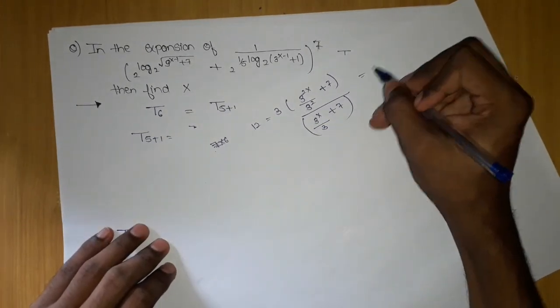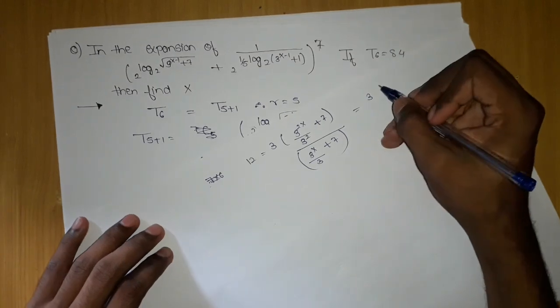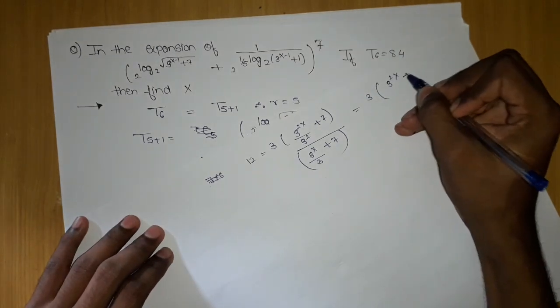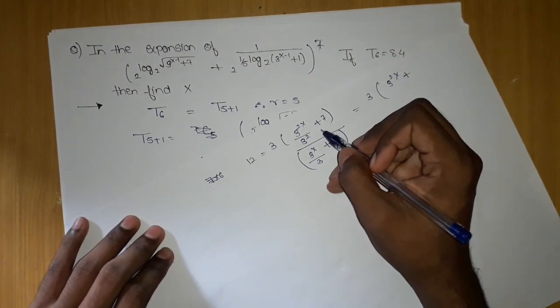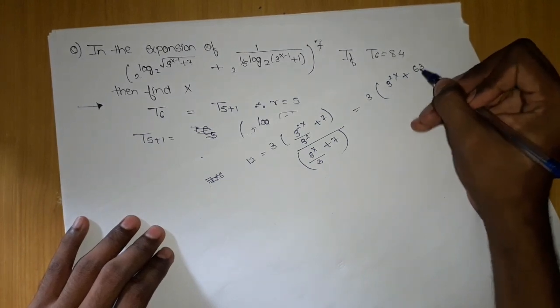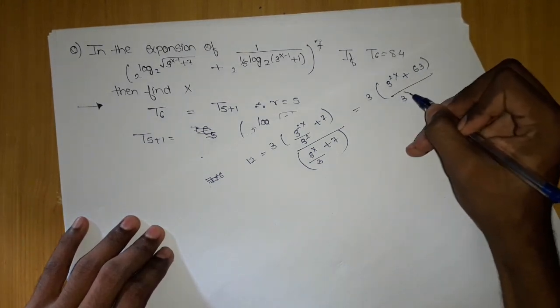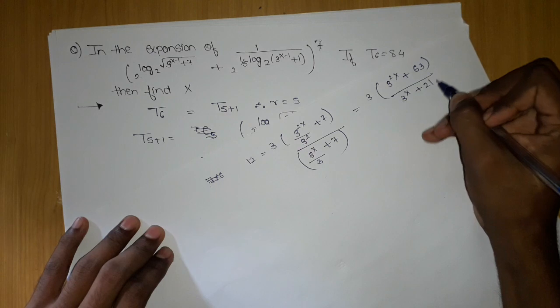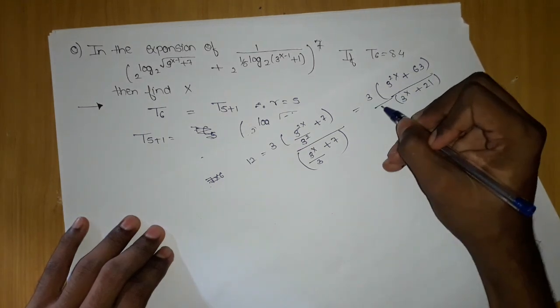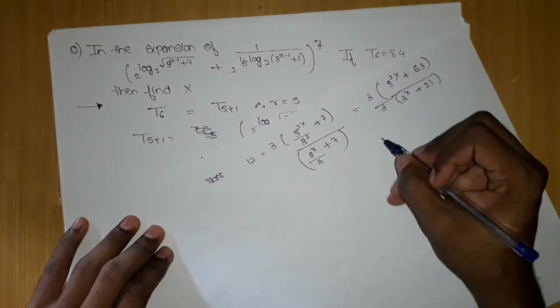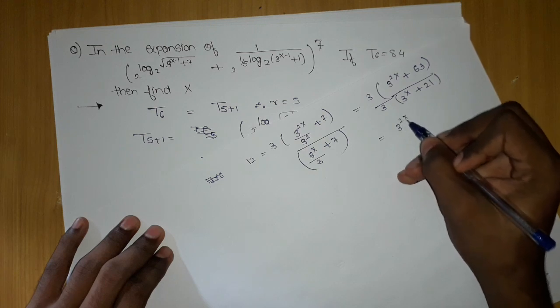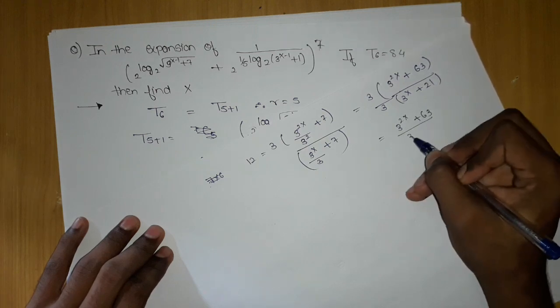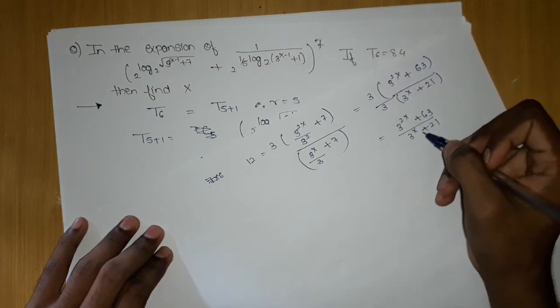So if you see 3 into 3 power 2x, here this will multiply 63, and here this will be 3 power x plus 21, and here 1 3 will be left, right? And this 3 will cancel out with this, so we are left with 3^(2x) plus 63 upon 3^x plus 21.